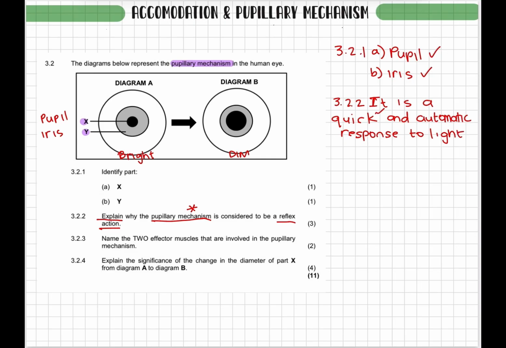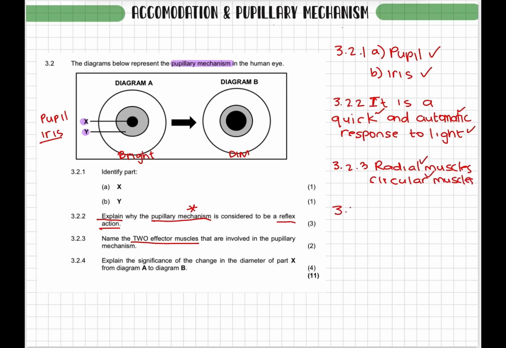This is a 3-mark question, so that's how it's allocated. The next question would be 3.2.3. You name 2 effector muscles that are involved in pupillary mechanism. We know that the iris has muscles, which are radial muscle and circular muscle.